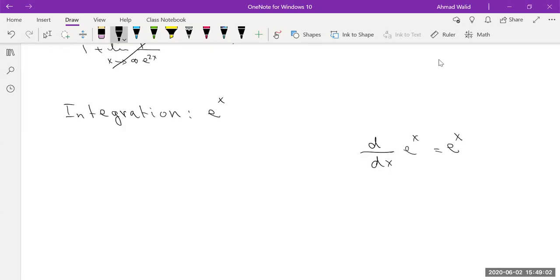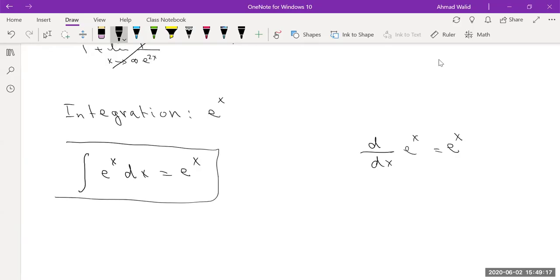If d over dx of e to the x gives you e to the x, then you can say easily the integral of e to the x dx is always e to the x. That's your rule. The integral of e to the x dx gives you also e to the x.